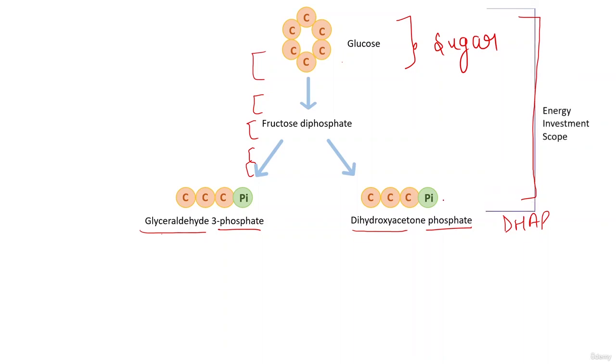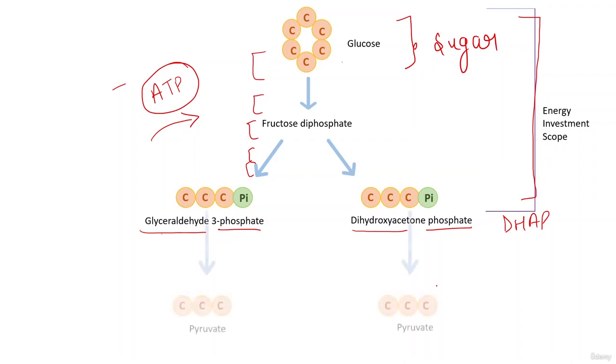This is known as the energy investment phase. Why? Because here we are giving ATP as an input energy. We are investing ATP here so that the whole process could be completed.